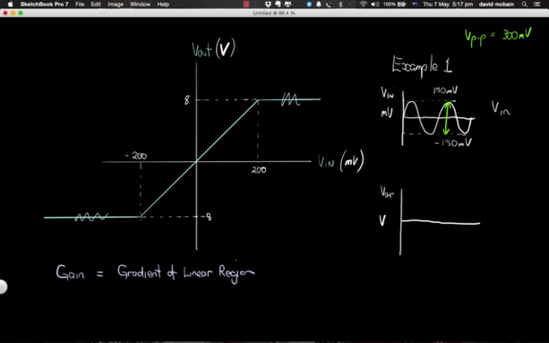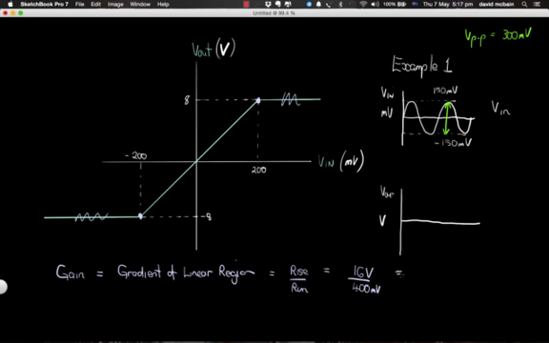So let's work out the gradient of this graph. We'll take that coordinate and that coordinate, and using rise over run, we can see that the gradient of this graph is 16 volts divided by 400 millivolts.